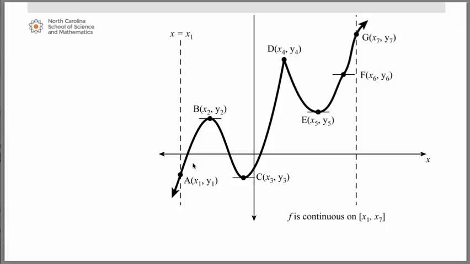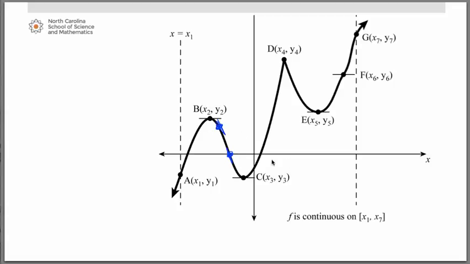Similarly, let's now consider the locations on the curve at which the tangent line is going to have a negative slope. Again, there's infinitely many places, so let's start here in between B and C. So if I drew a point here, tangent to the curve there has a negative slope. Same thing down here.